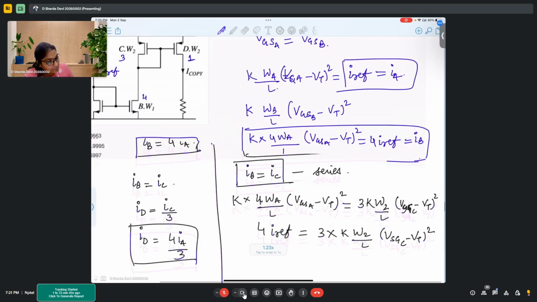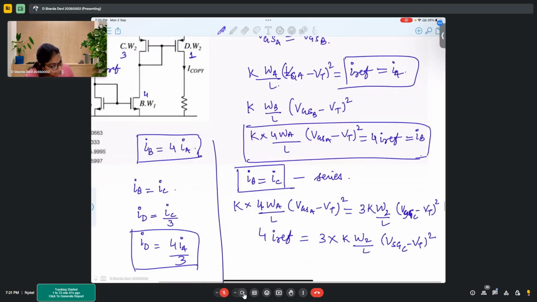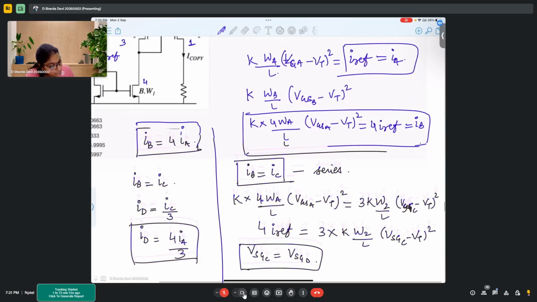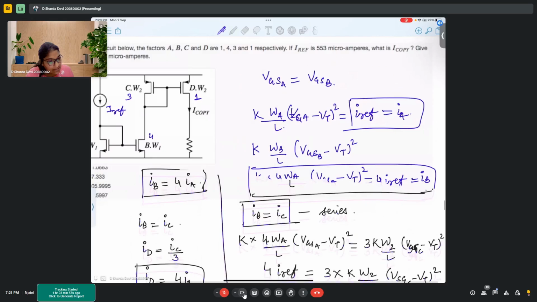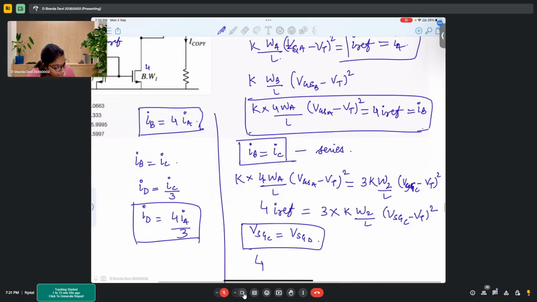Now here VGSC equal to VGSD, correct? So it is 4K W2 by L, VGSD minus Vt whole square.